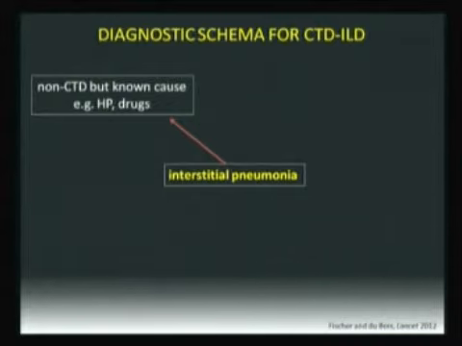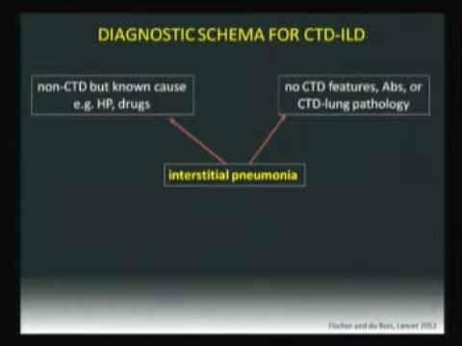We're talking about drugs, exposure, but not connective tissue disease, just known cause. This is the first category, and you need to exclude this patient. Then, you have no connective tissue disease features, typical antibodies, or connective tissue lung pathologies.